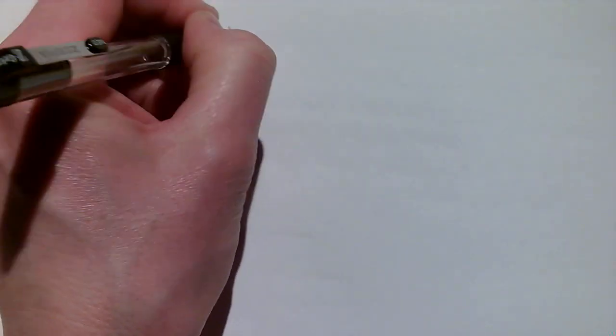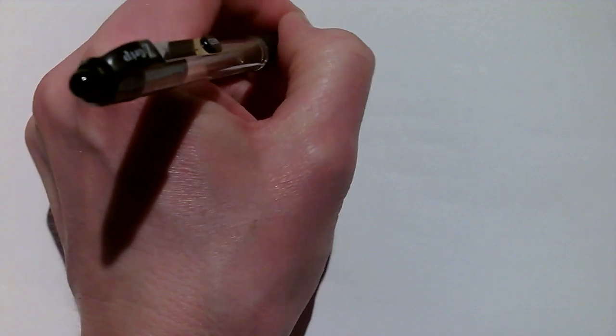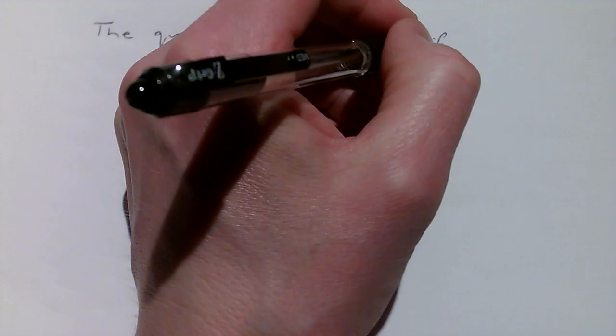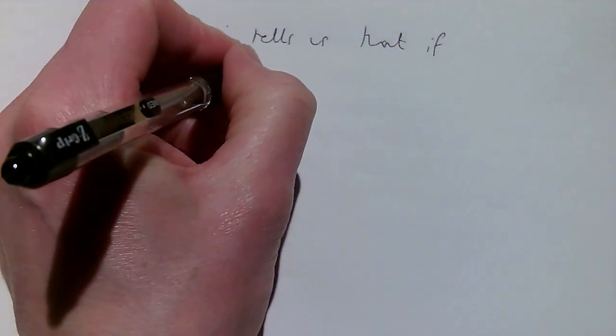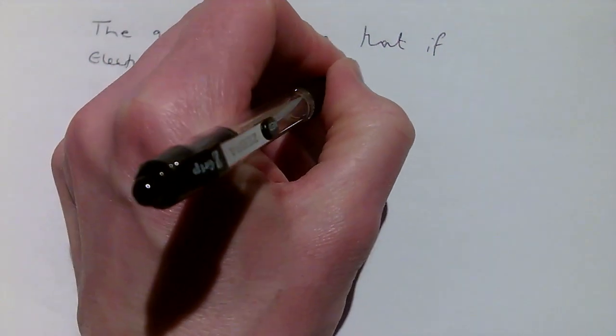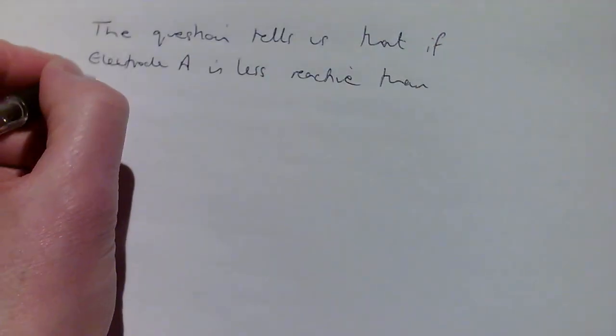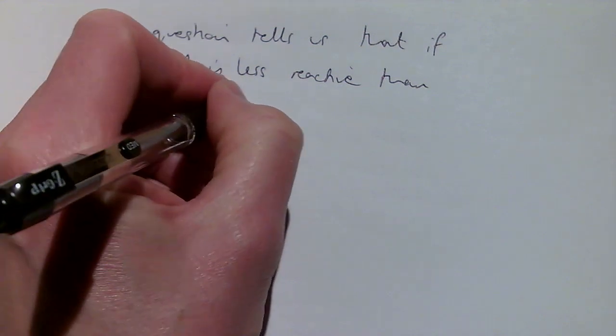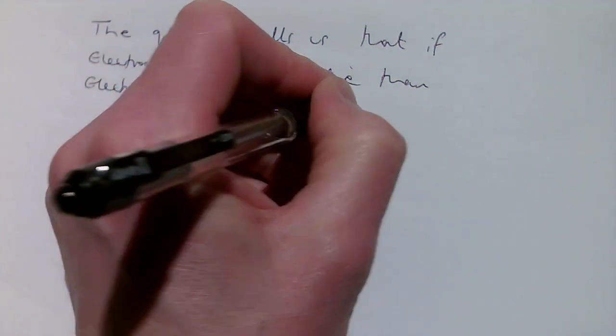Let's say the question tells us that if electrode A is less reactive than electrode B, the voltage is positive.